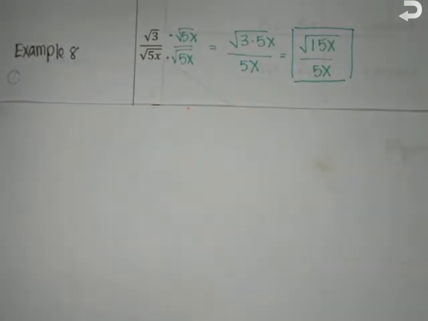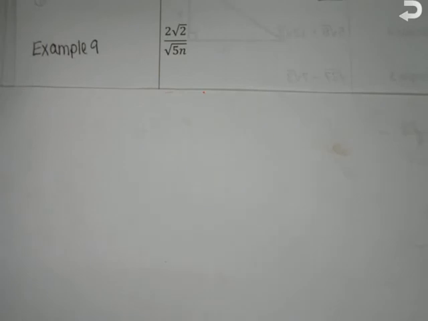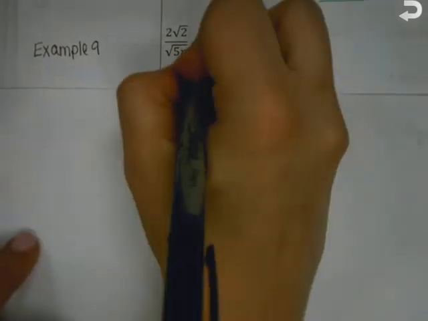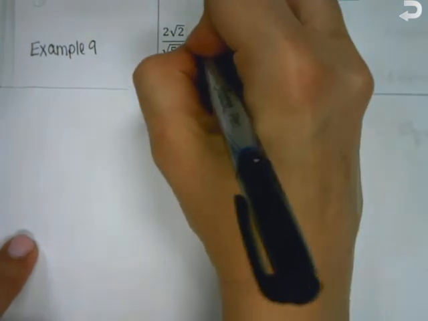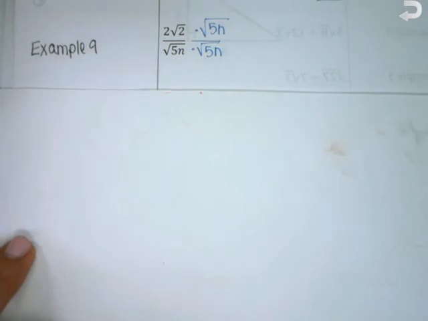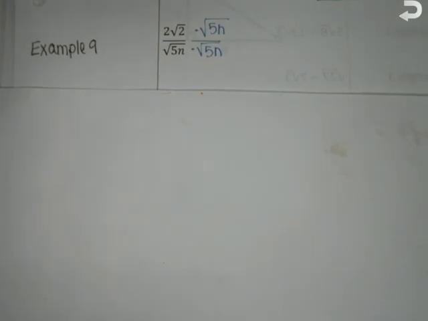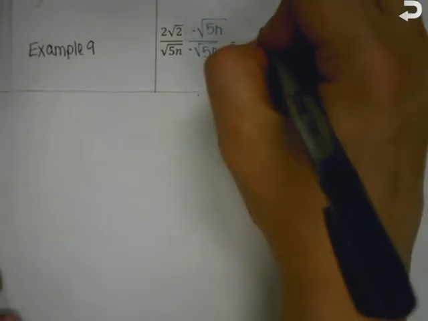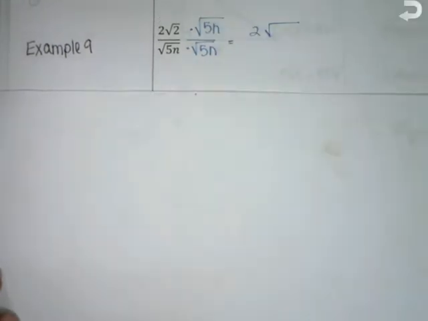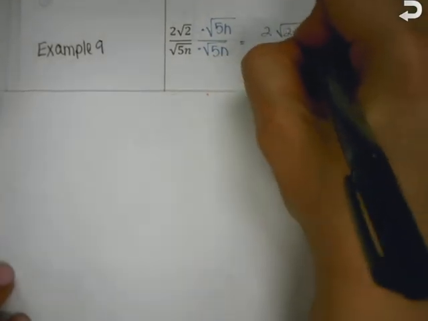Okay, so example 9. 2 root 2 over root 5n. What am I going to rationalize by? Root 5n. So multiply top and bottom by root 5n. And once again, guys, this is called rationalizing the denominator, which means you're getting rid of the radical. Okay, so what is on top? This is 2 square root 2 times 5n all over root 5n times root 5n. 5n.